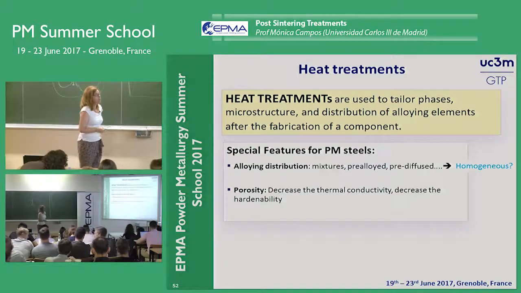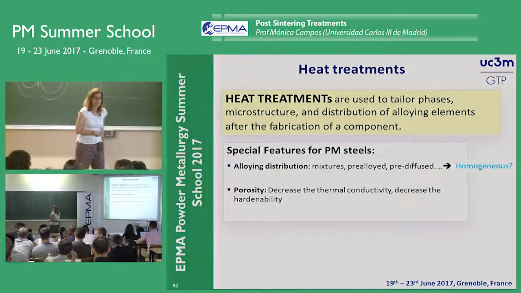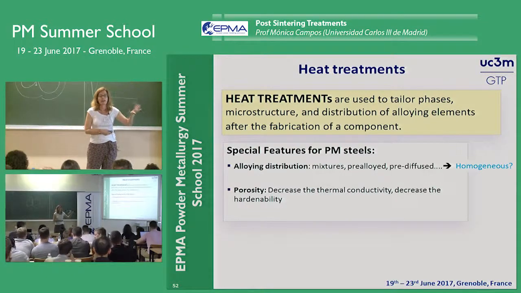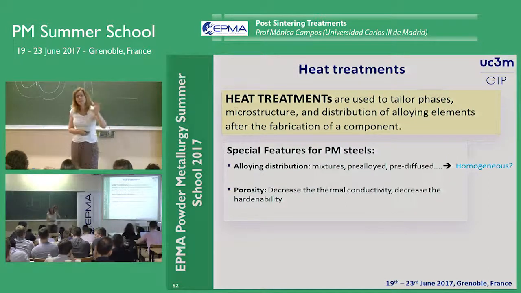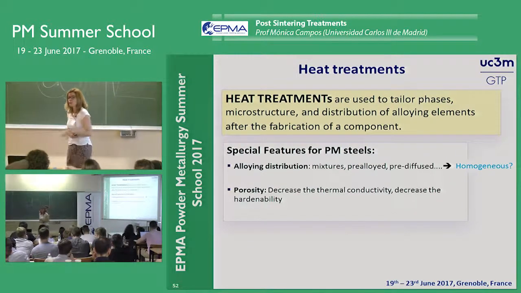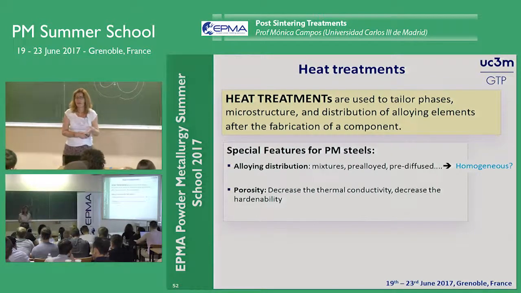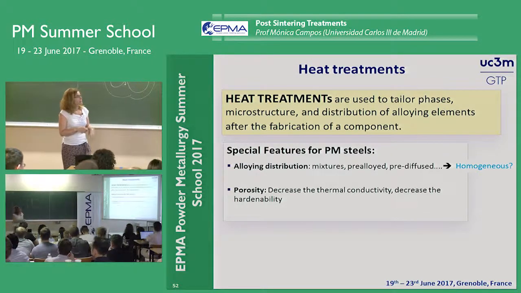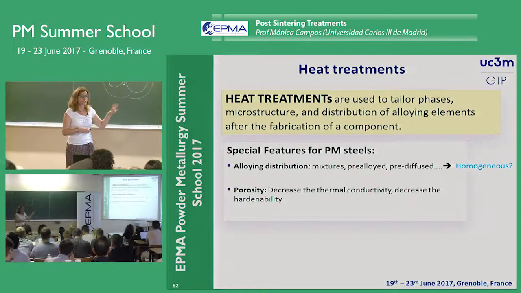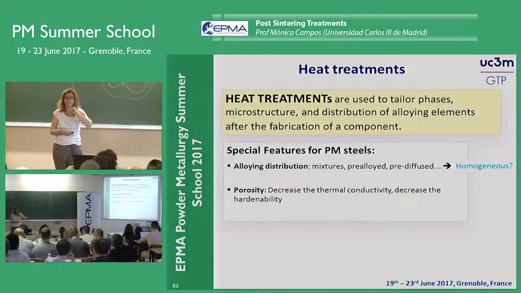Well, heat treatments are used to tailor phases. Once we have the initial composition, maybe we need to tailor the different microstructure, the different microconstituents that we have in the final component. Then this heat treatment can be done during the cooling of our sintering process or after the sintering process.